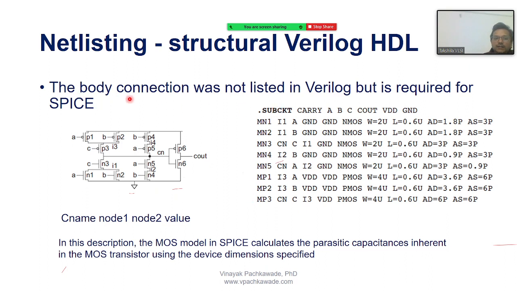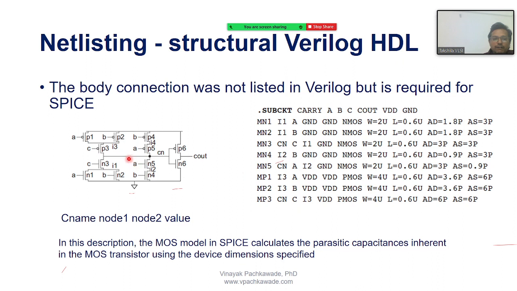Like I said, the body connection wasn't listed in Verilog, but now it's required for SPICE, because SPICE is helping us to describe the physics of the transistor, so that all parasitics will be taken into account when the circuit is simulated, and during verification, when we verify its performance, we can get the information about delay and power.